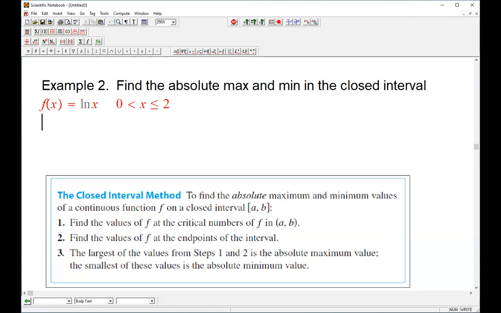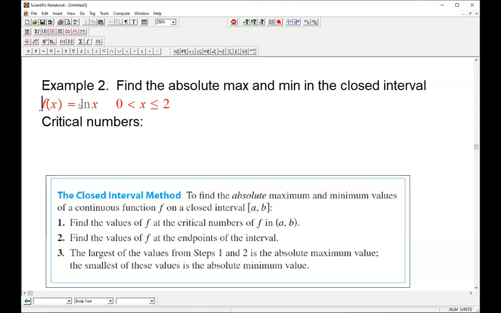The closed interval method cannot be applied entirely because we don't have a closed interval. What we can do is still find critical numbers.